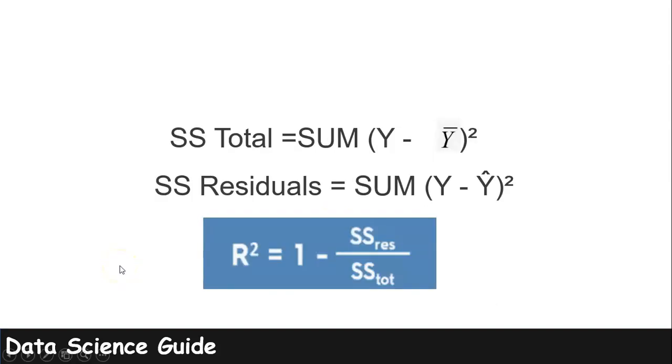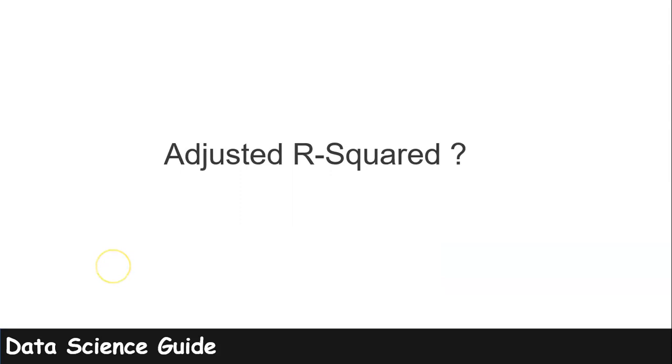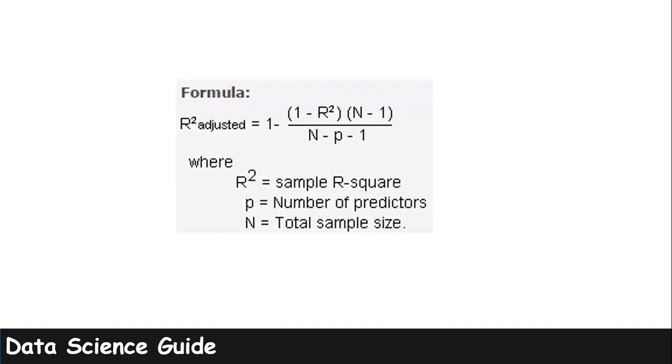This value will be a percentage, and it will be the R squared. And you don't need to do any of these things. Everything will be calculated by the computer. Nothing needs to be done manually. There is another measure we call adjusted R squared. Adjusted R squared is more accurate compared to the R squared, because when we have more independent variables, these independent variables are going to affect the value of the R squared.